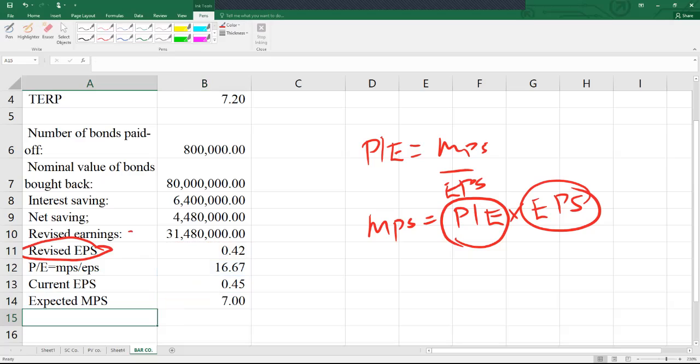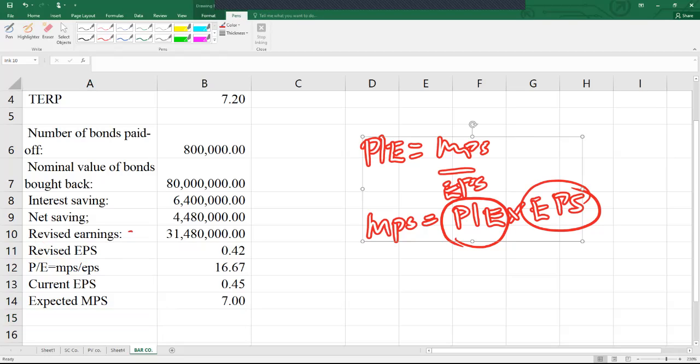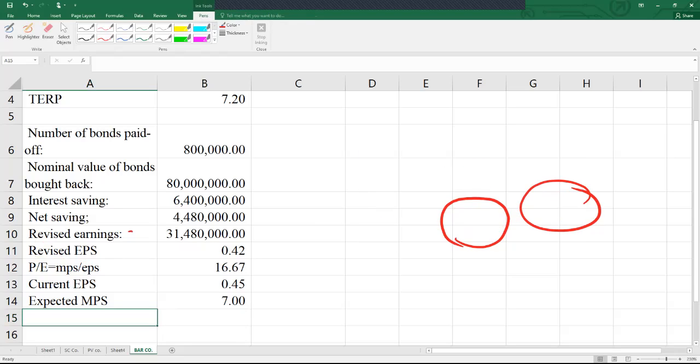So this is the share price we expect to be there once all this has been done, at the conclusion of all this matter, equal to $7. Clear? So can you please show the formula again for the expected?